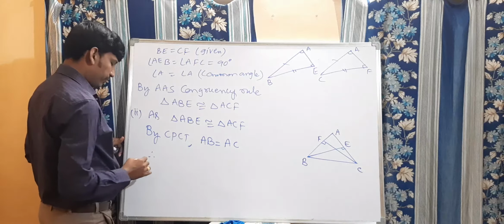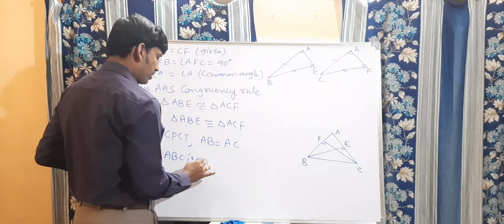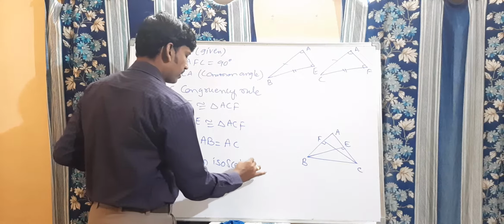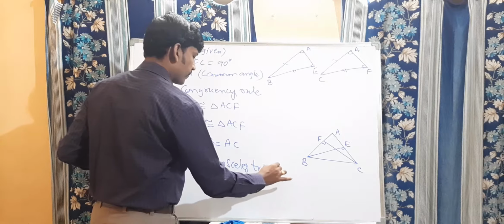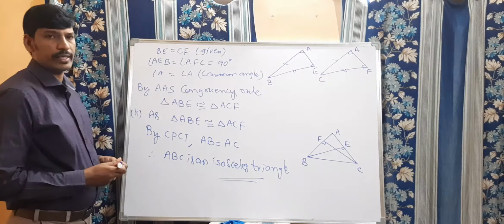So therefore, ABC is an isosceles triangle. So this is a proof. You need to apply. Clear, my dears?